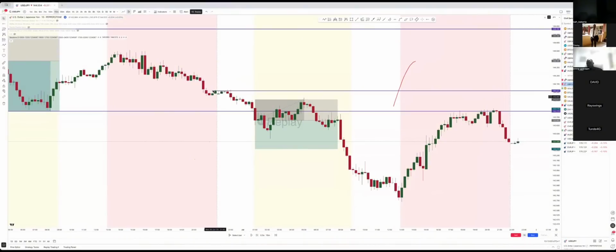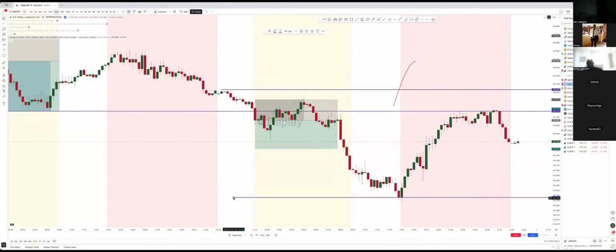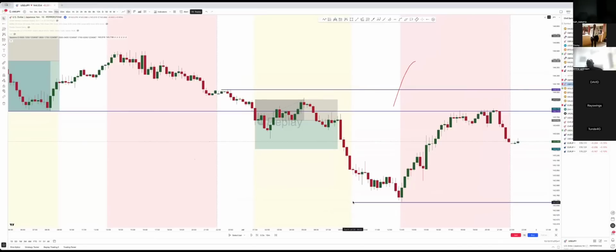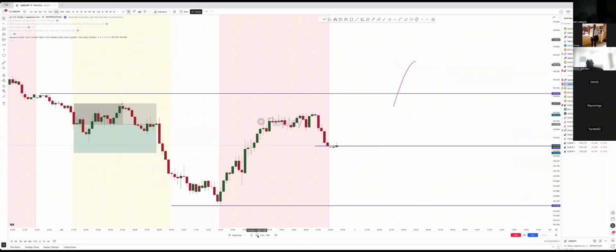Okay, so we mark the highest point, then we mark this point as the lowest point, then you mark this point as the closing price. We wait for the Tokyo session again. Aha, this is the Tokyo session.